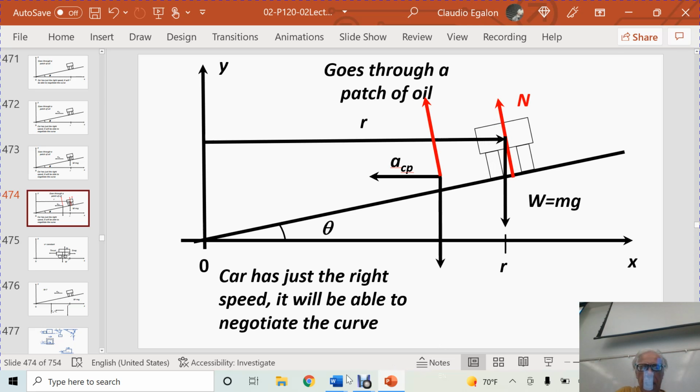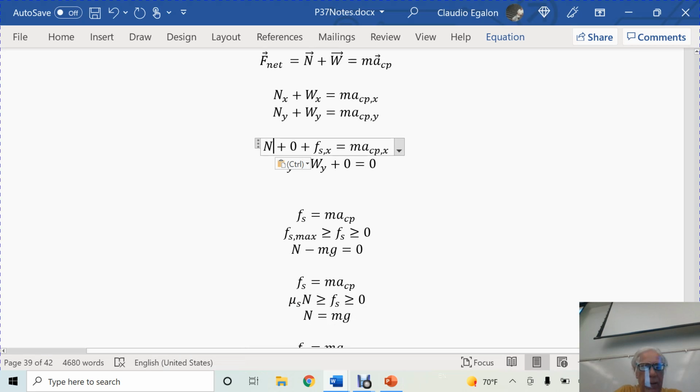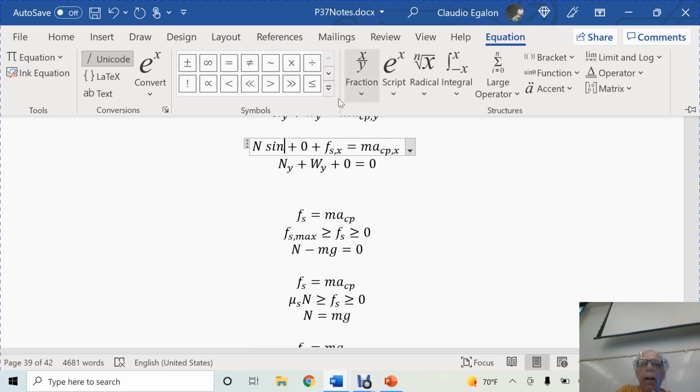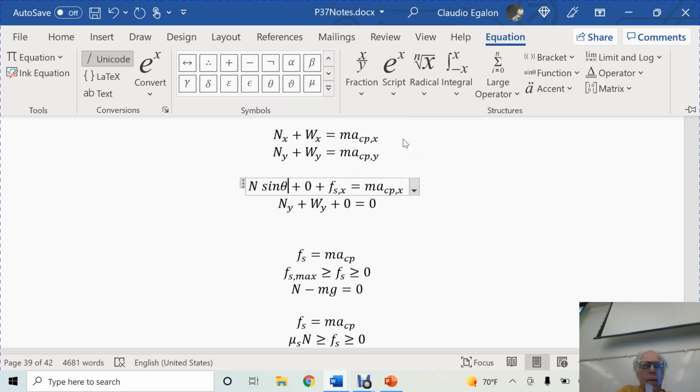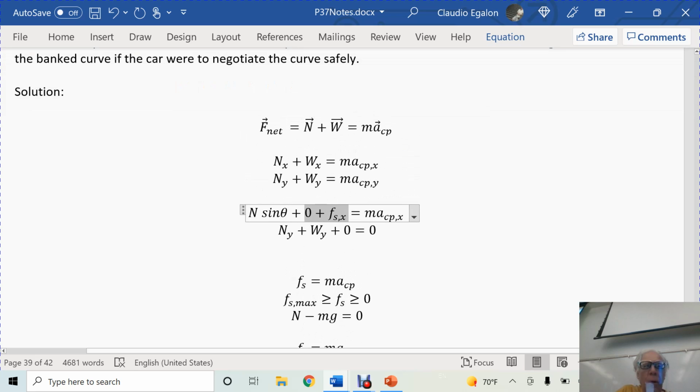So N sine of theta. What else? There is no weight along the x direction, so we can put a 0 there.